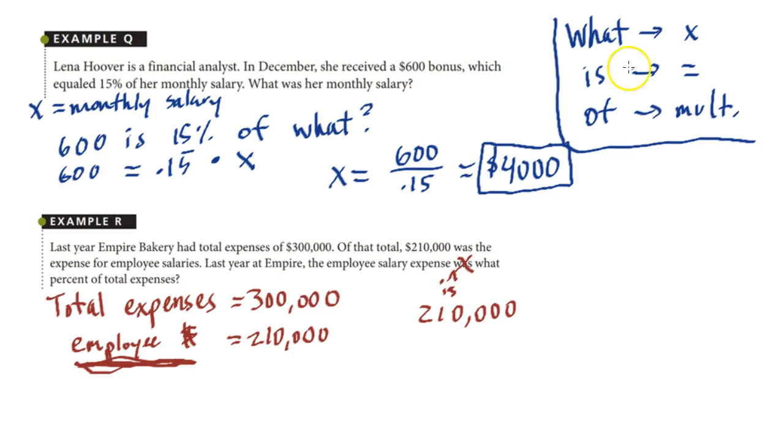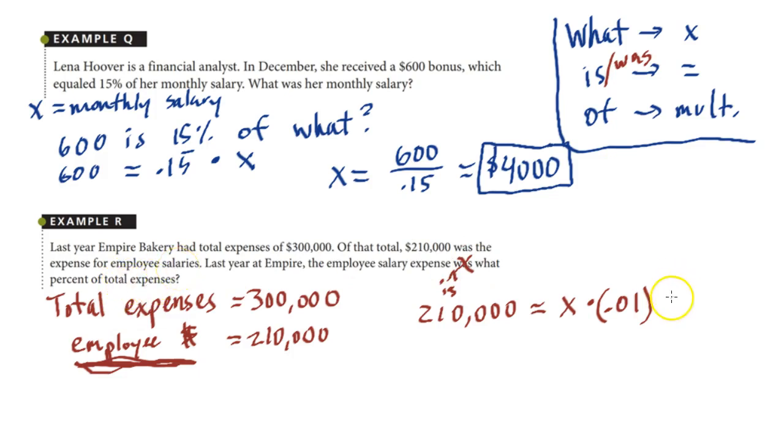So 210,000 is what, so that's the unknown, percent. Remember from the previous video, percent we can multiply by 0.01, because that's how you convert into decimal form, and we want it in decimal form.